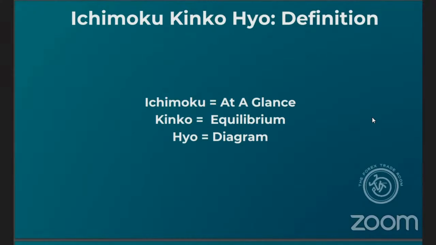Kinko means equilibrium. This is really all about where the equilibrium in the market is. You hear us say that a lot: where price has found the equilibrium, that price agreement between the bulls and the bears. And then hyo is diagram. So Ichimoku Kinko Hyo simply means at a glance, trying to find equilibrium, and it's a diagram, a chart.